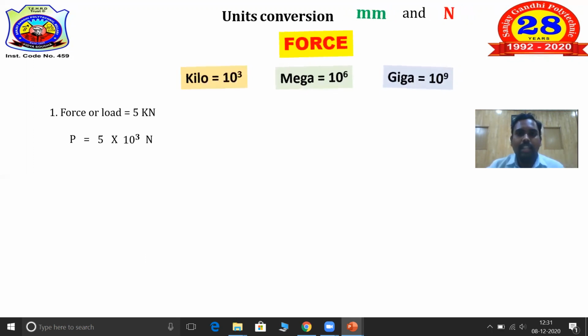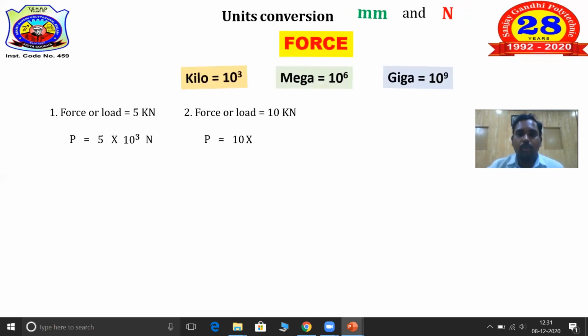Okay, I'll take another example. Force or load equals 10 kilonewton. There is a need of conversion since there is a kilonewton. So write P as it is in place of force or load, equal as it is, then 10 as it is, and a multiplication symbol.